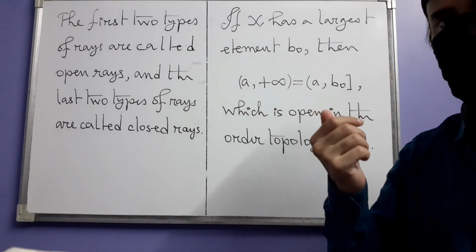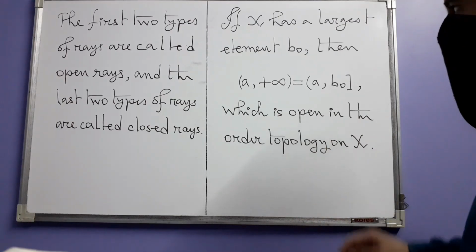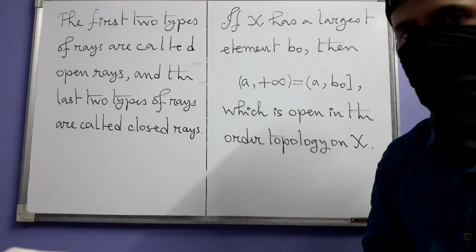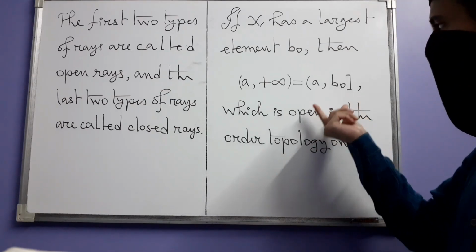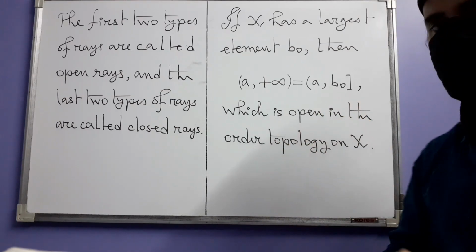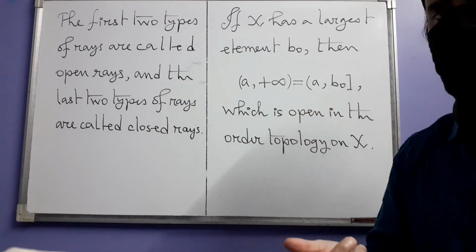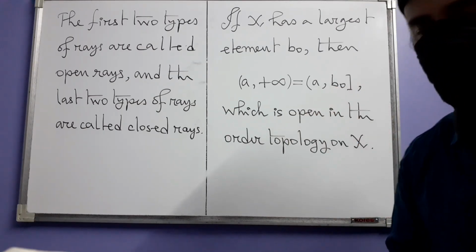So all those points will be less than or equal to b0 automatically. So this open ray becomes this interval, and we already know that this is itself an open set in the ordered topology. In fact, it's a basis element for the ordered topology on X, and that's why it's open.